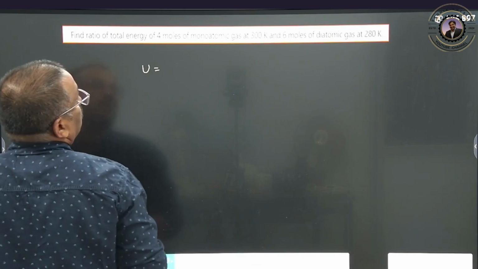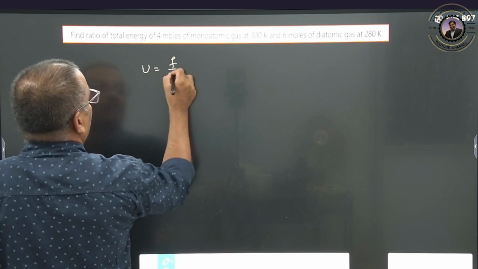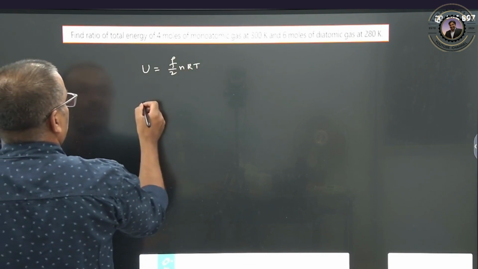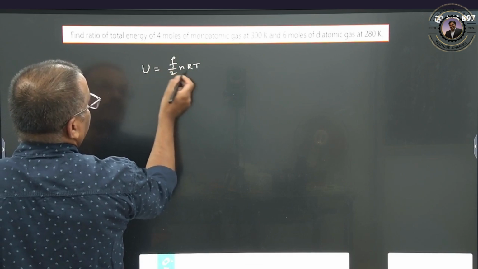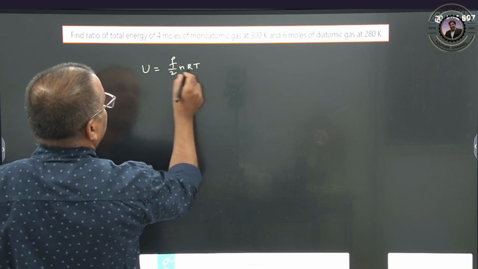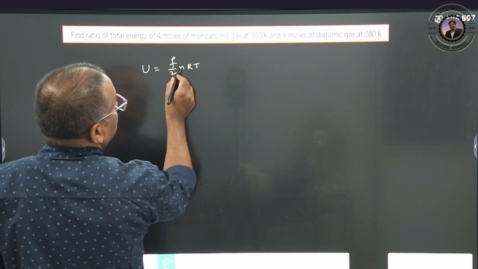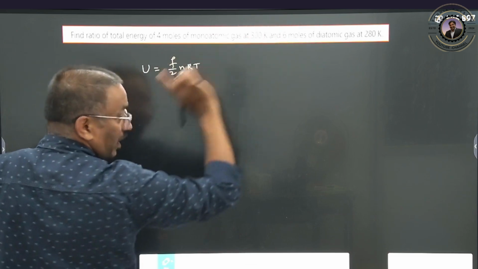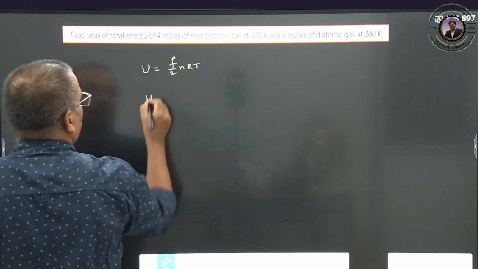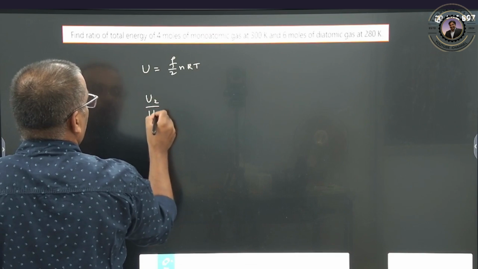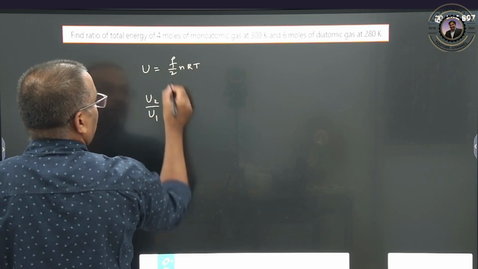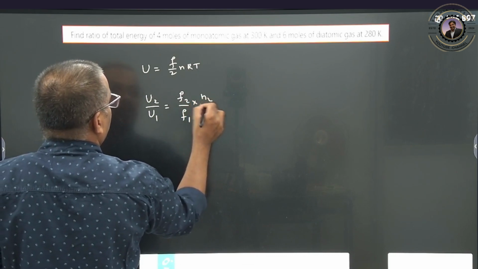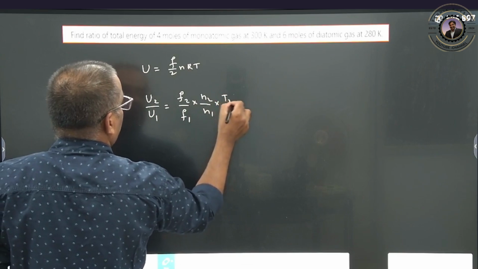So here f by 2 nRT. Temperature is given, moles is given. So therefore here f and n are there, R, and temperature also is different. Number of moles is also different. R, f, why? Because monoatomic, diatomic. Clear? So therefore U2 by U1 is directly proportional to f2 by f1 into n2 by n1 into T2 by T1.